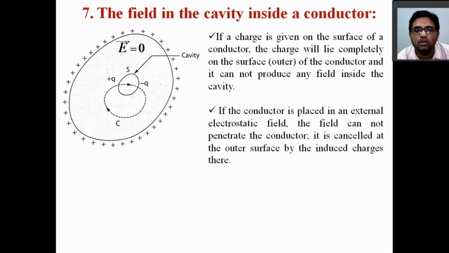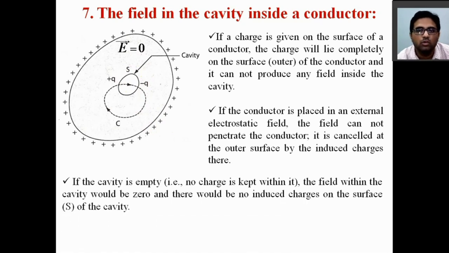Even if the conductor is placed in an external electrostatic field, the field cannot penetrate the conductor. It is cancelled at the outer surface by the induced charges there. Now, if the cavity is empty, that means no charge is kept within it, then the field within the cavity would be 0, and there would be no induced charge on the surface of the cavity.